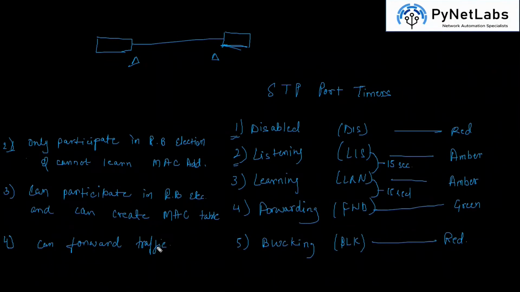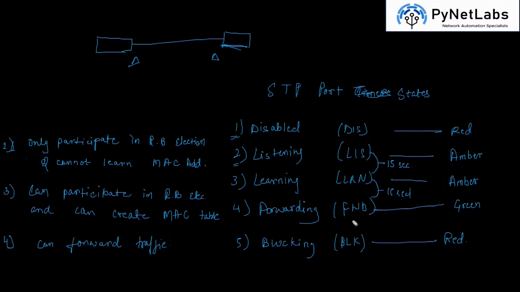So I hope you guys are now clear. Basically, instead of timers, we can call them STP port states. So the states are disabled, then learning, listening, forwarding and blocking. I hope you are clear about the functioning of these states and we are good to go.